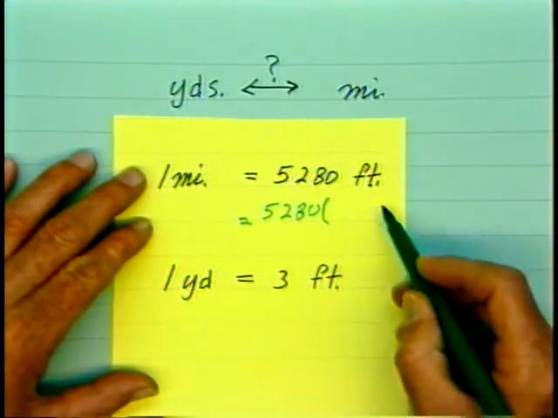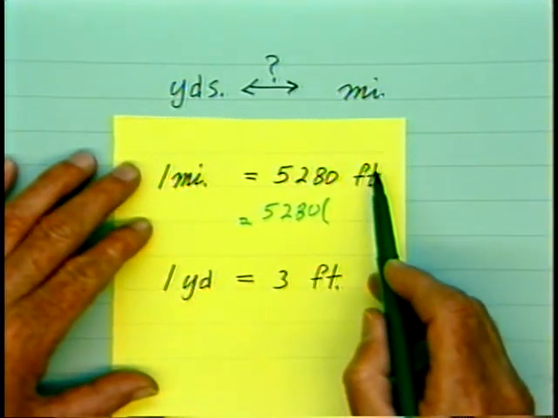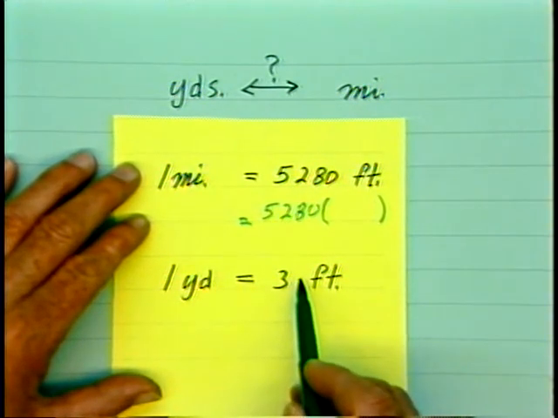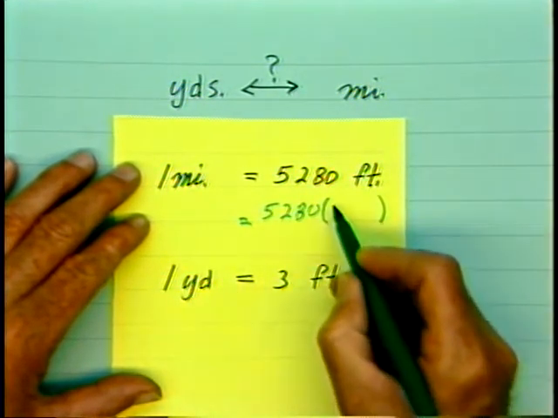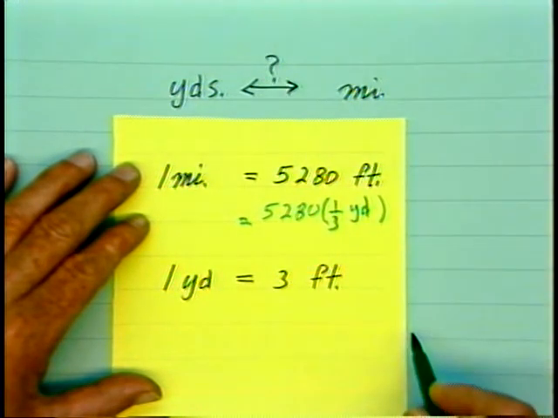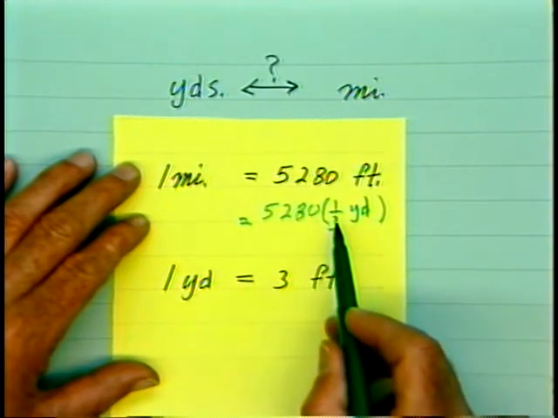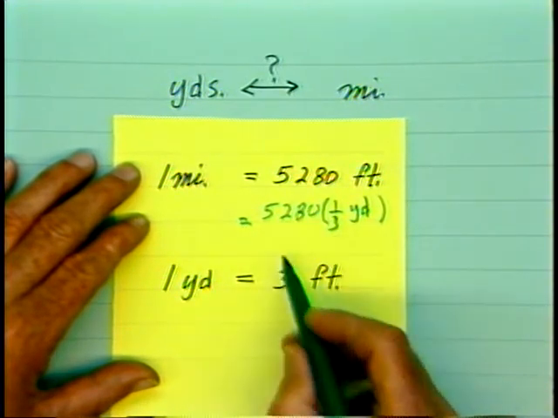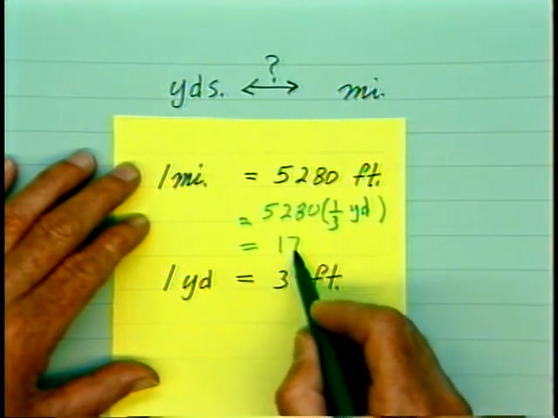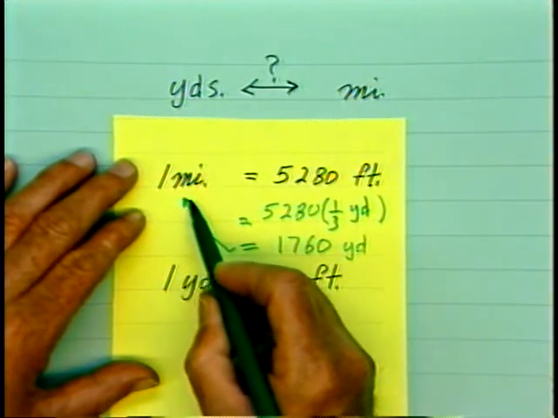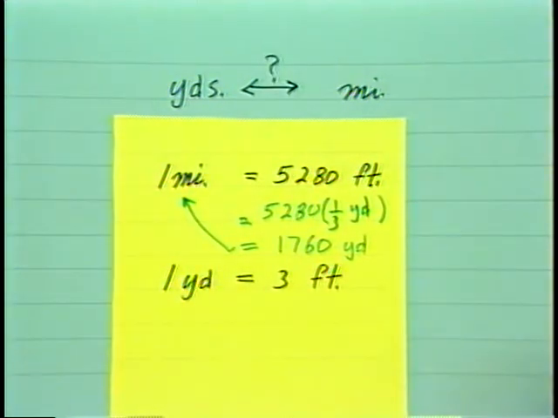So we can replace a foot by how many yards? So if 1 yard is 3 feet, 1 foot is 1/3 of a yard. Now dividing this by multiplying by 1/3 or dividing by 3, we get what we had formerly. 1,760 yards is 1 mile.